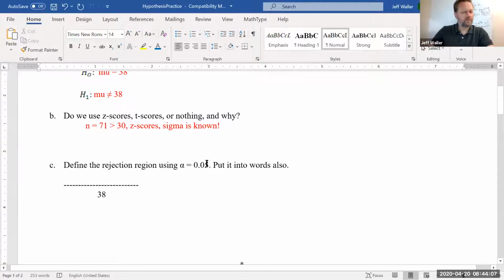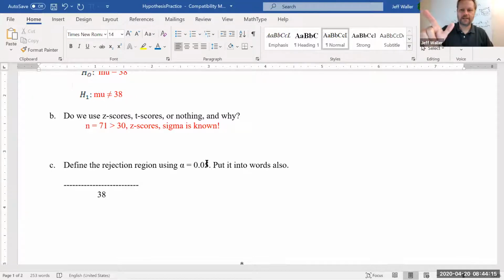Alpha's 0.05. I can use Z-scores, right? And it's a two-tail test. So two-tail, 0.05. Yeah, two tails, 0.05. So I'm in that middle column.